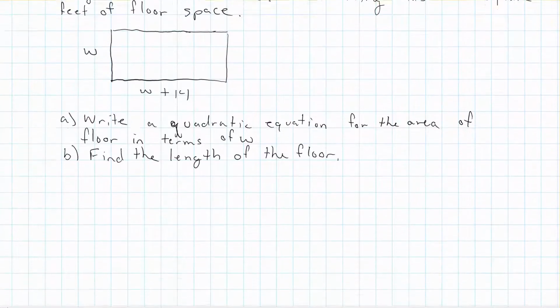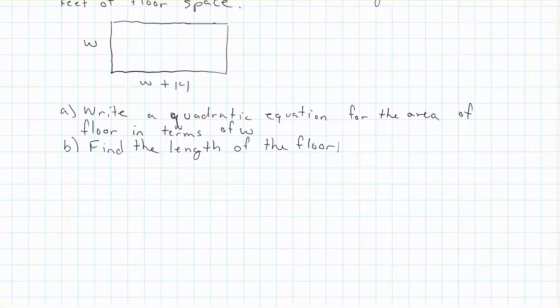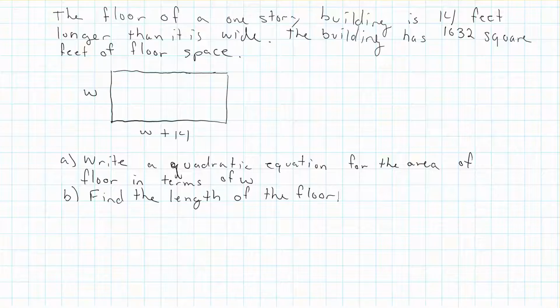Alright, so let's go ahead and get going here. We should recognize here, okay, we've got a nice little rectangle. And the area of a rectangle, this is something we should all know, is of course just length times width. So we're just going to fill in the pieces of information that we know. Well, we know that the area is 632 square feet.